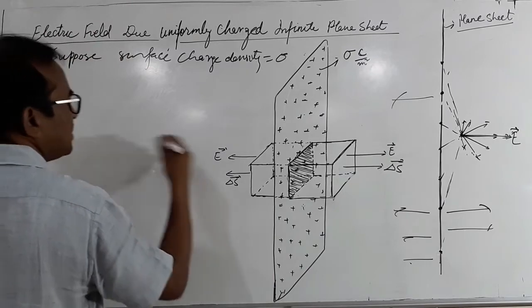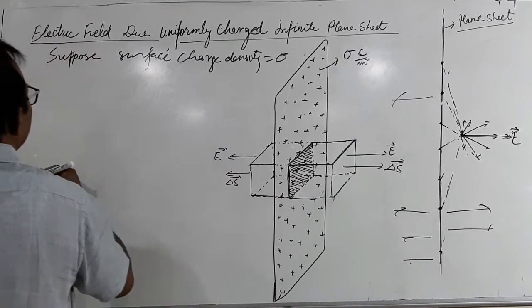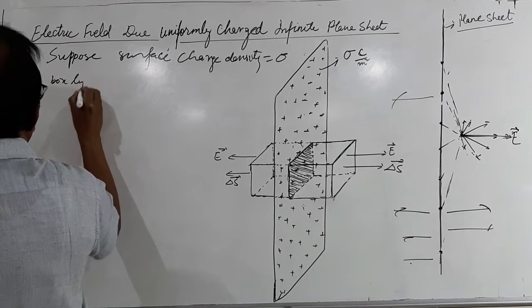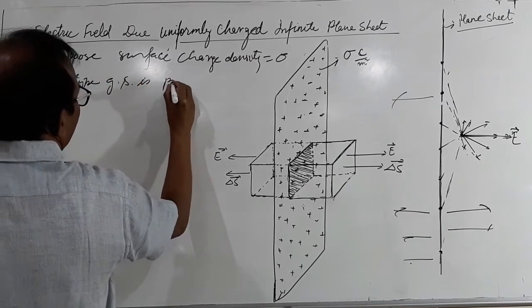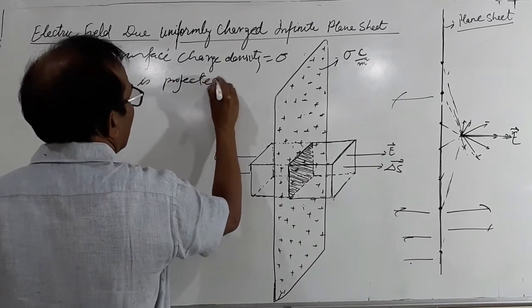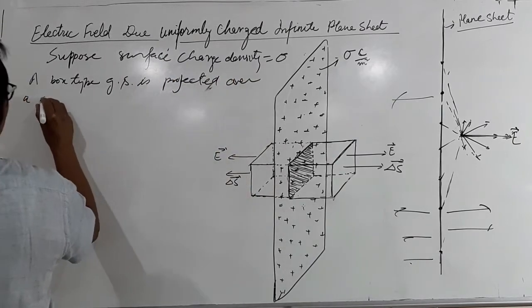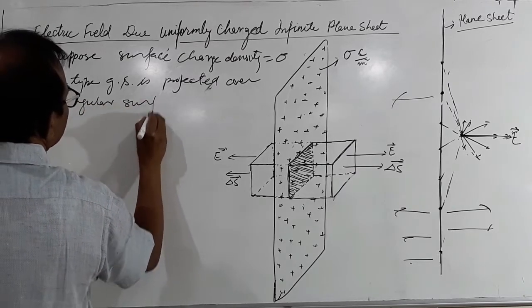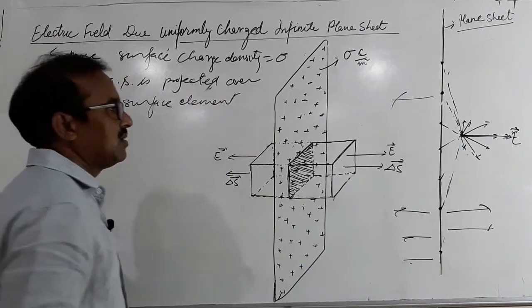A box type Gaussian surface is projected over a rectangular surface element, as shown in the figure.